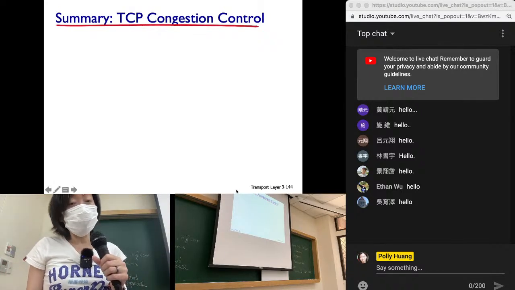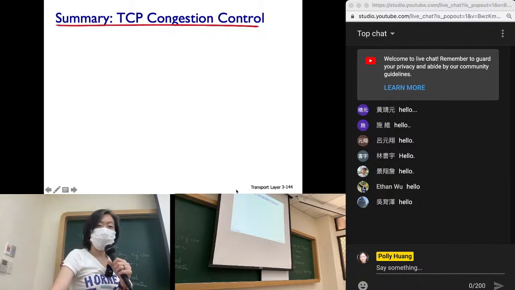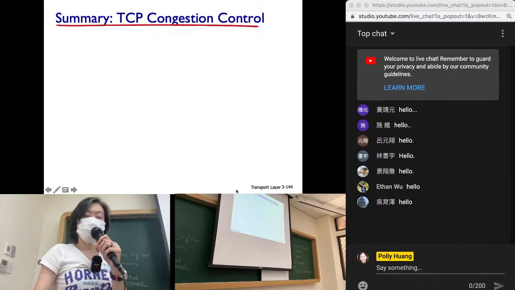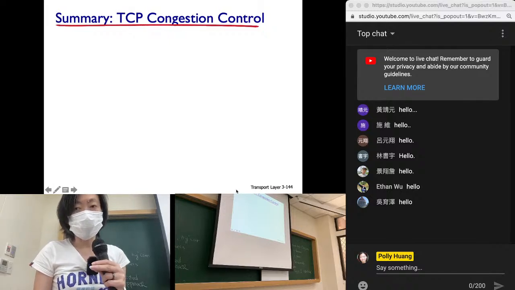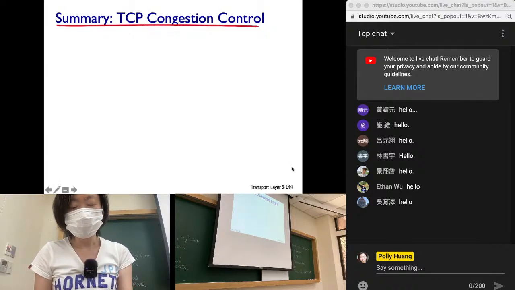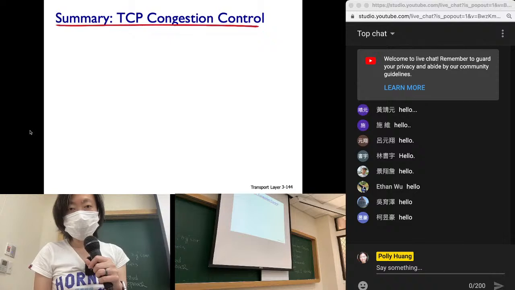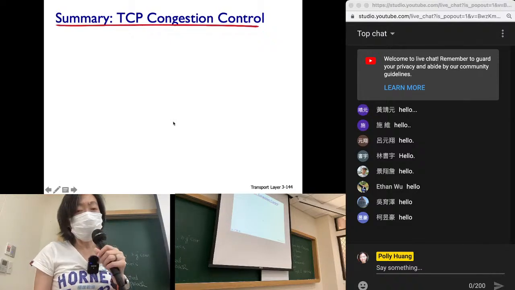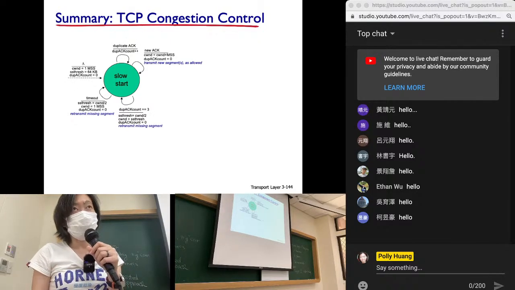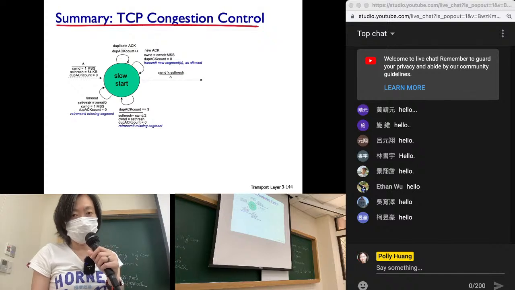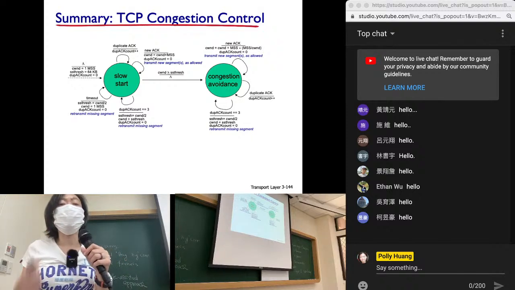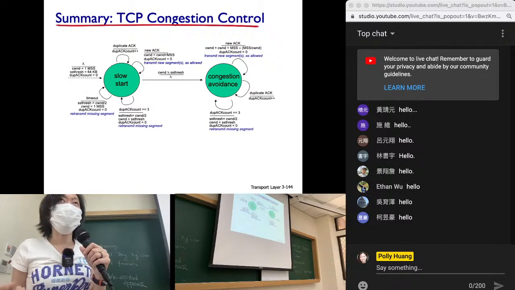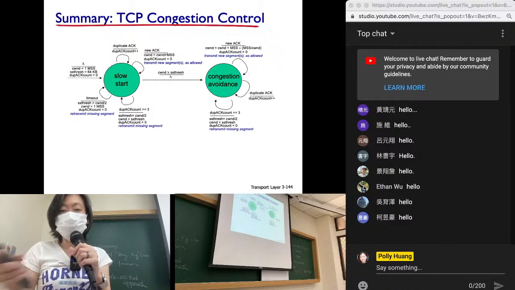So the finite state machine of TCP's congestion control mechanism is actually not that complicated, essentially 2 states, slow start state and congestion avoidance state. And to trigger slow start state to go to the congestion avoidance state is what? When the window size exceeds the SS thresh, the slow start threshold.